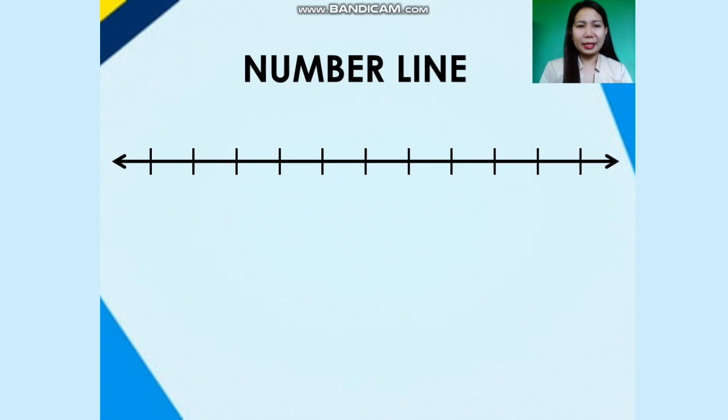So this is the number line. We have an arrow and unit lines in between. We have 0 as our origin, and to the right we have positive 1, positive 2, positive 3, positive 4, positive 5.